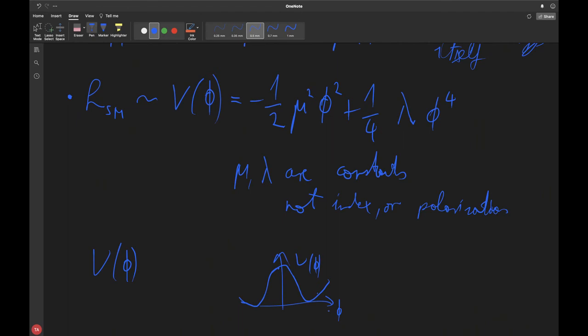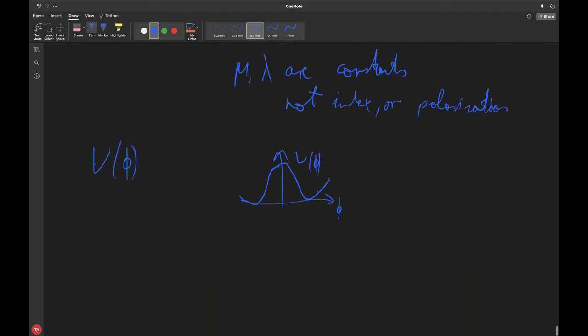Okay, we should have interactions between the gauge particles. So the Lagrangian of the Standard Model is also proportional to the term in which we have F mu nu, F mu nu, as we discussed earlier with the Maxwell theory.